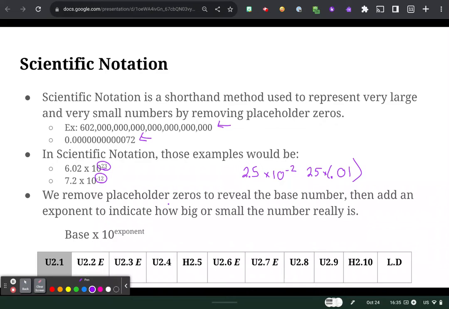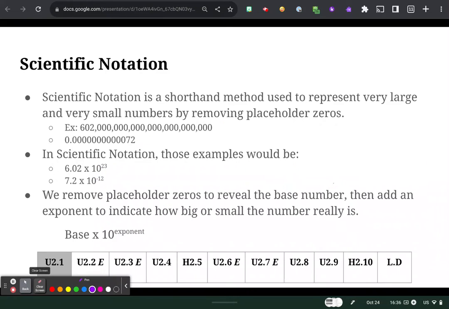If I actually put that into the calculator, 2.5 times 0.01, my answer is going to be 0.025. So when we're doing this times 10 to the negative 2, what we're actually doing is multiplying that base number by an actual number, but we do everything as the times 10 to be able to compare things.